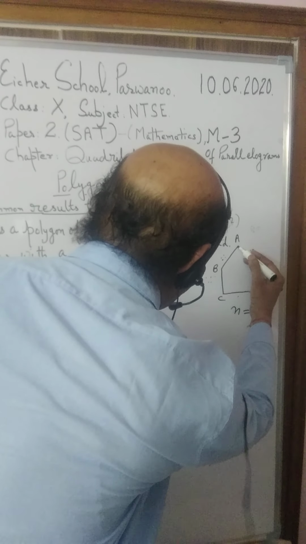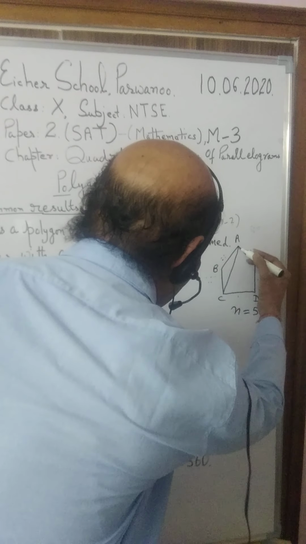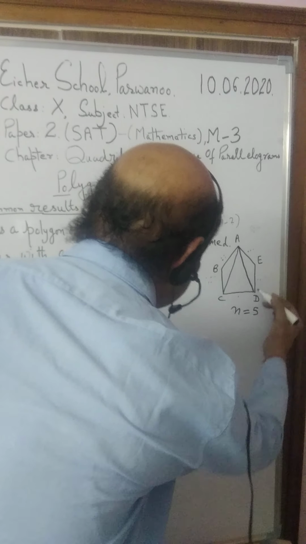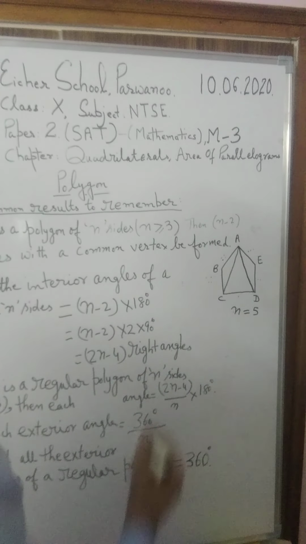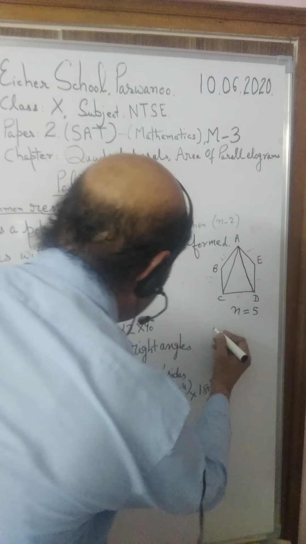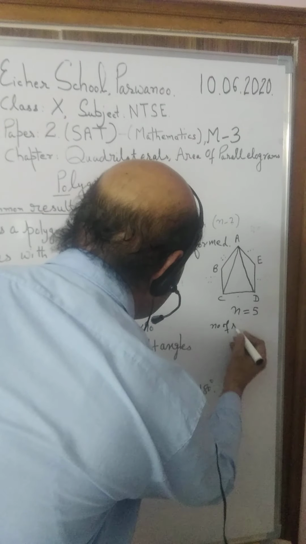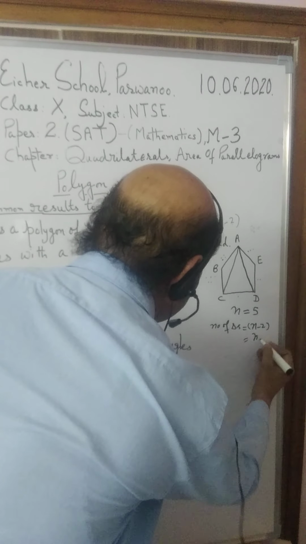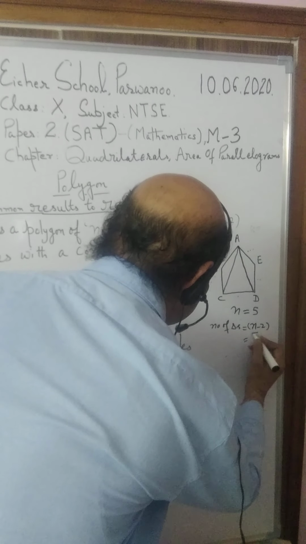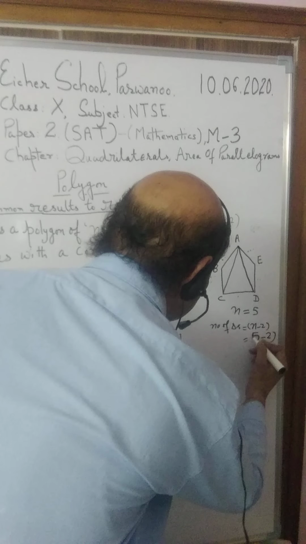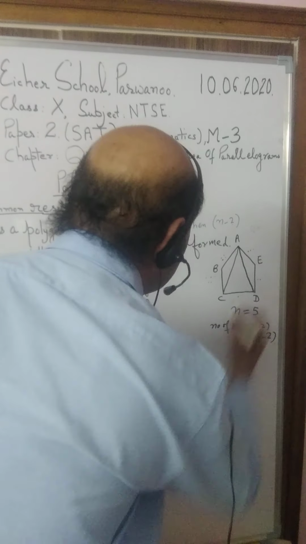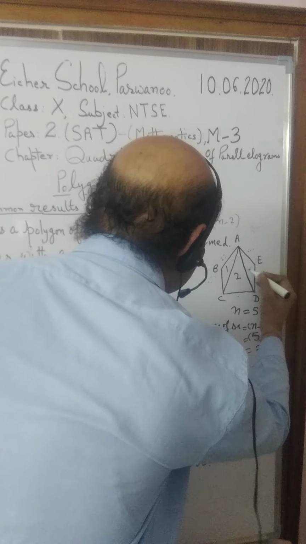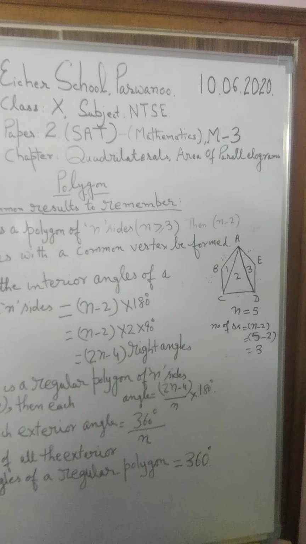When I join A with C and A with D, the number of triangles will be n minus 2, that is equal to 5 minus 2 is equal to 3: 1, 2 and 3. 3 triangles are formed.